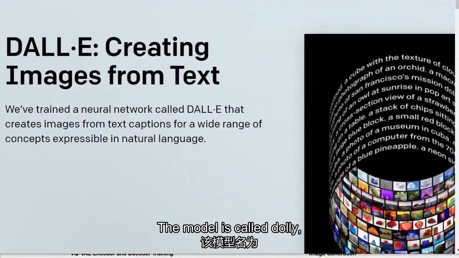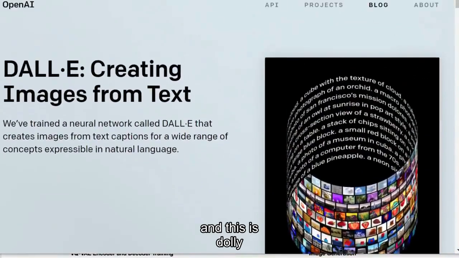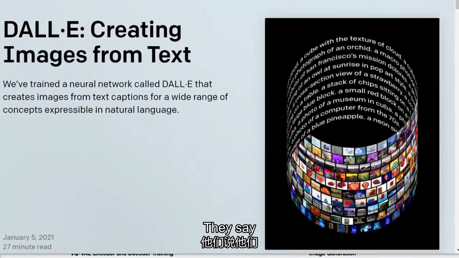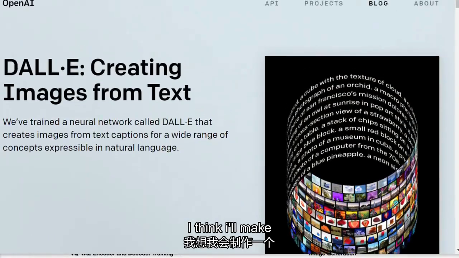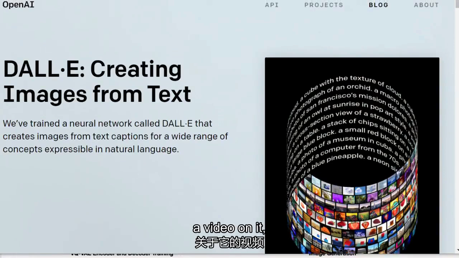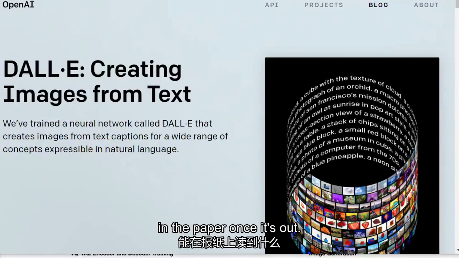So the model is called DALL-E, and this is just a blog post for now by OpenAI. They say they'll follow this up with a paper, and if the paper brings substantially new things, I think I'll make a video on it. But today we're just going to look at what this model can do, how it works, how it probably works, and we can take some guesses of what we can read in the paper once it's out.